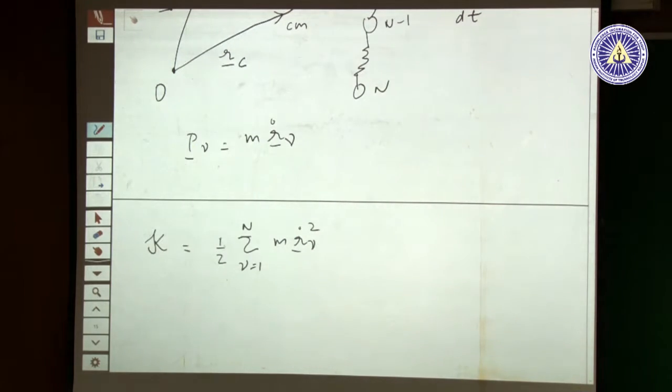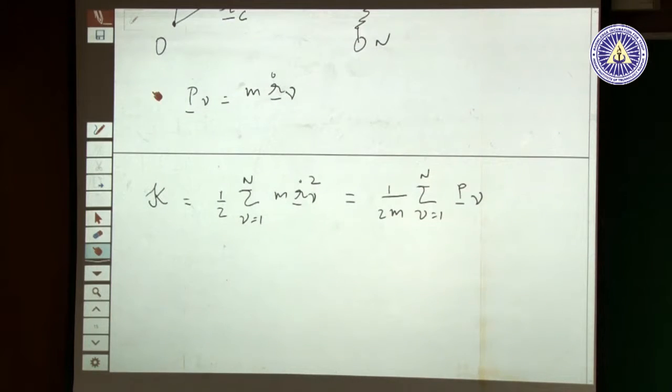This is the total kinetic energy of the chain, and in terms of the momentum it would be written as 1 over 2m, sum over nu from 1 to n, of p nu squared. Okay. Now, what about the potential energy?